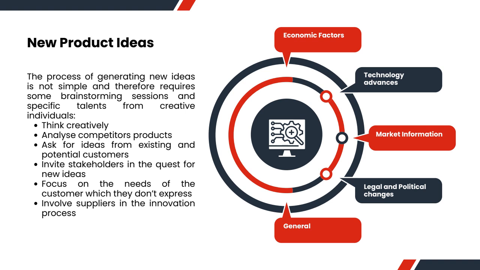So that it doesn't put a hamper when your new ideas are being developed. All fair and well, you have this brilliant idea, but then your suppliers can't come to the party and actually make this happen. How can they then improve components, if they do have the necessary means to do so, so that our costs are reduced as an organization at the end? So it's understanding it from all different factors.